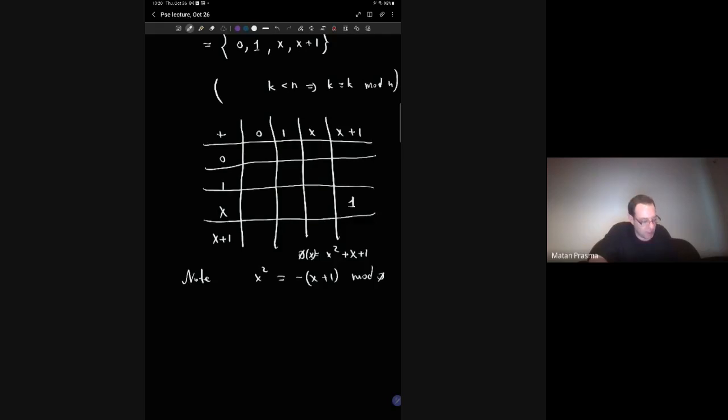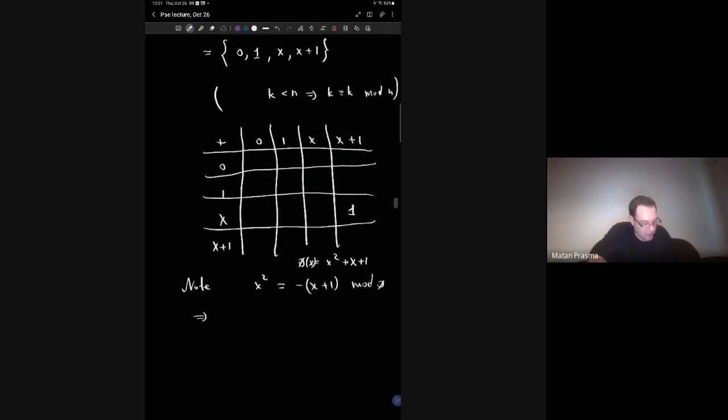Now the negative of x plus 1 in F2 is simply x plus 1. So I get that x times x is equal to x plus 1 in the mod phi arithmetic.